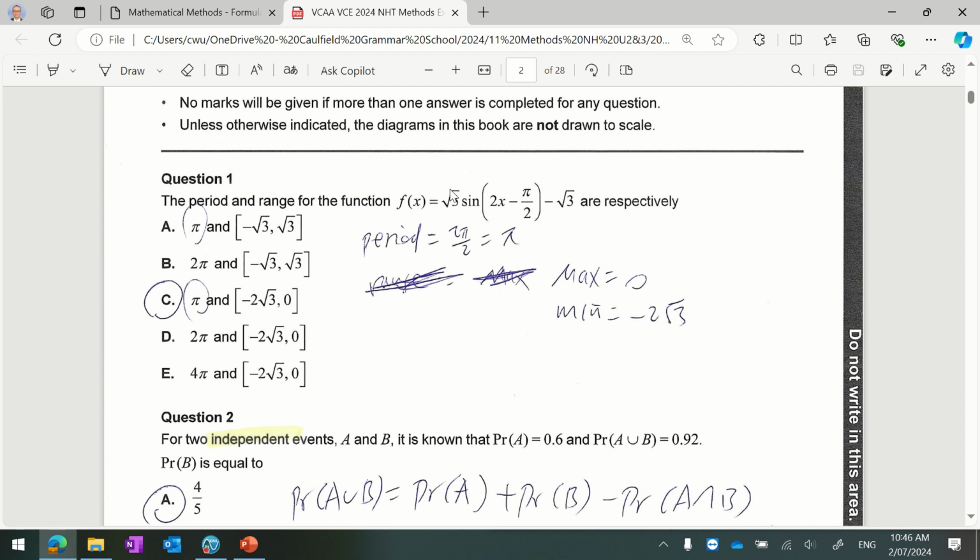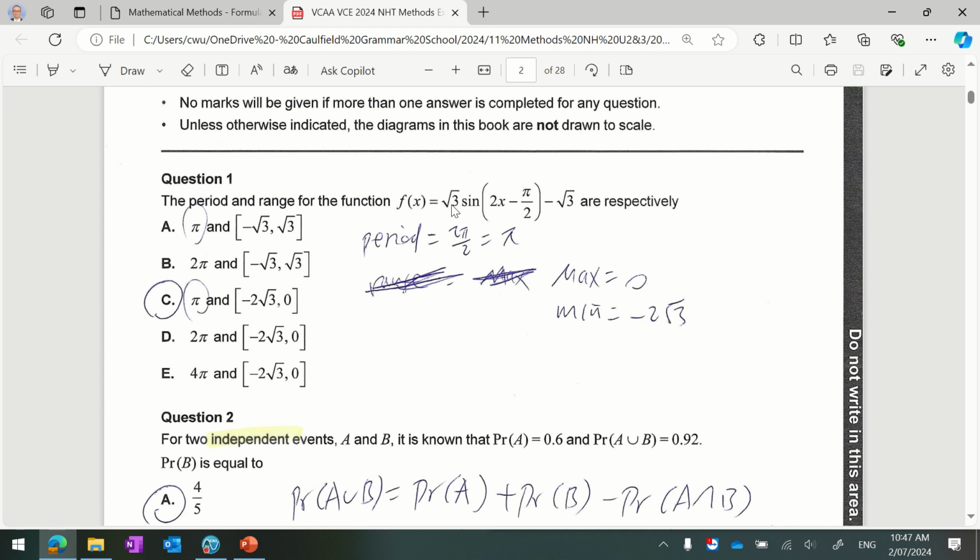Then I look for the range, and here you're supposed to know that there is a dilation. If you apply the transformations in the order dilation then translation, the sine graph will have a minimum of negative root 3, and then you subtract root 3, shifting down, so the minimum is negative 2 root 3.